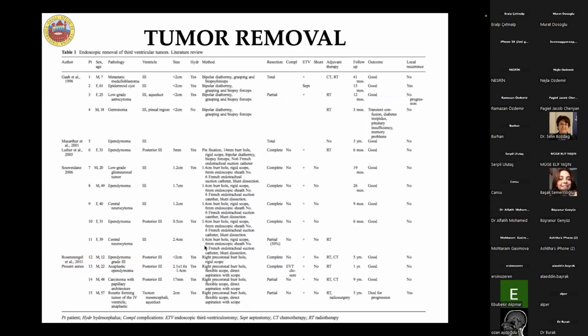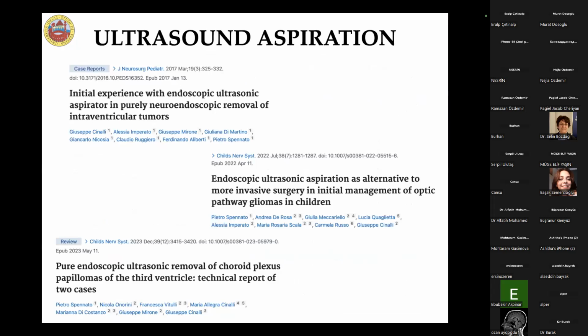This table shows a review of the literature of patients operated for the removal, partial or many times complete, of a tumor in the third ventricle with a complete, fully endoscopic technique. I have to mention the possibility to use ultrasound aspiration coupled with a rigid endoscope.